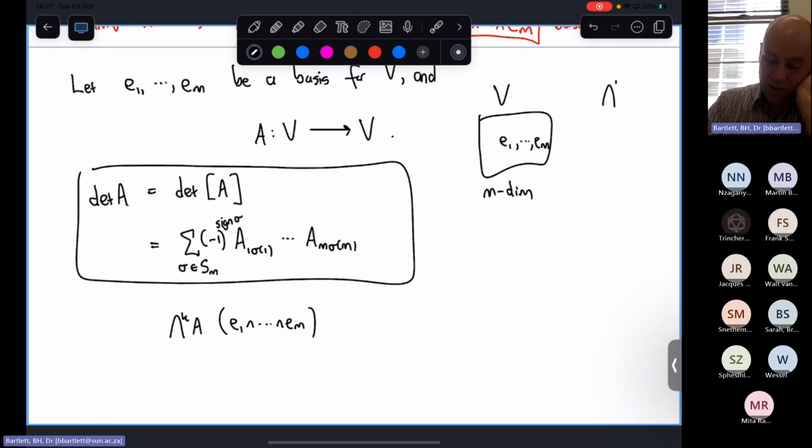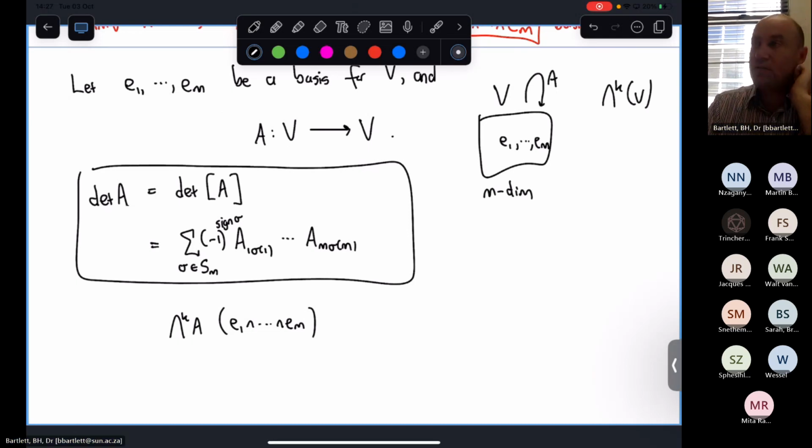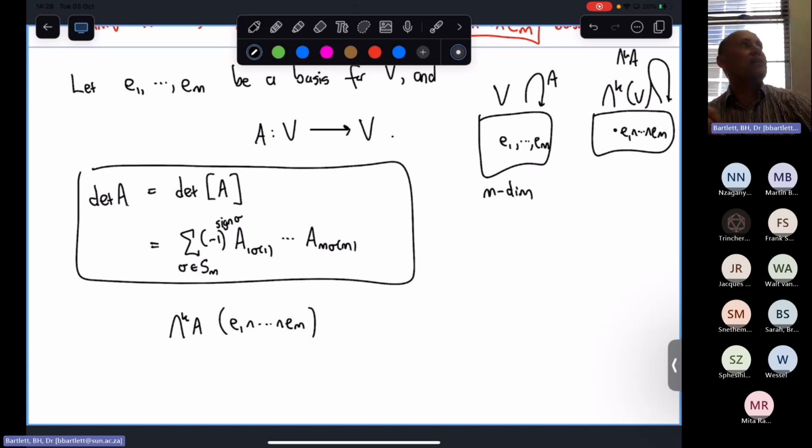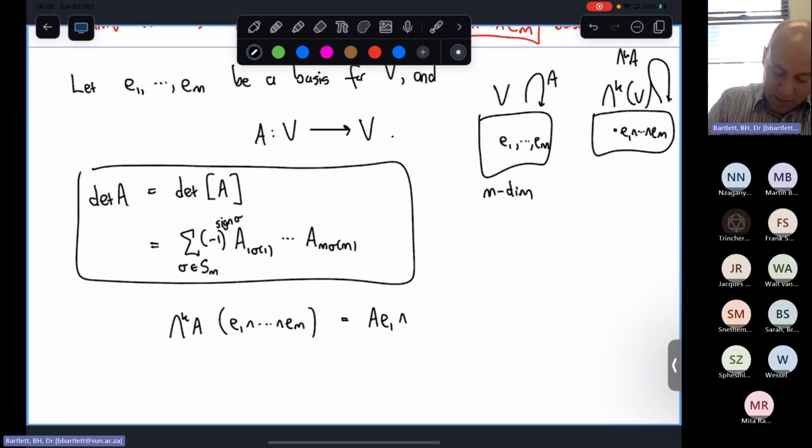And I've got the top exterior power of V, so A is a map from this guy to itself. Top exterior power of V is just a single basis vector. And the top exterior power of A is a map from that one-dimensional vector space to itself. And I'm calculating what it does to this basis vector. By definition, what does it do? It just applies A to each basis vector in the wedge.